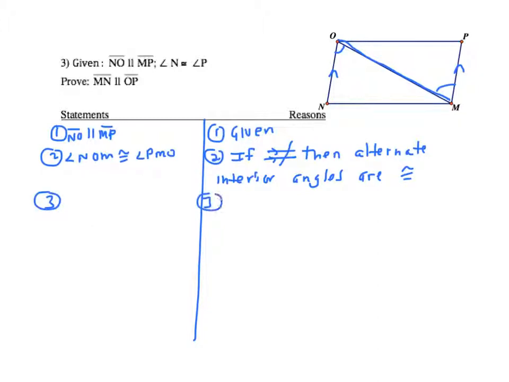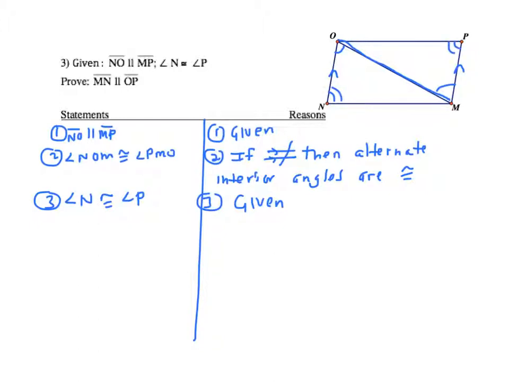In step 3, we're going to use the other piece of given information, that angle N is congruent to angle P. So put that in your proof, mark it in the diagram.